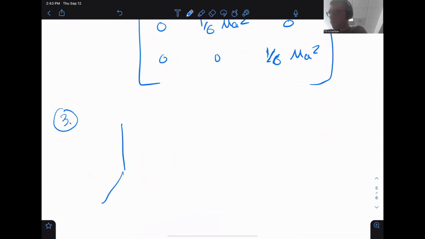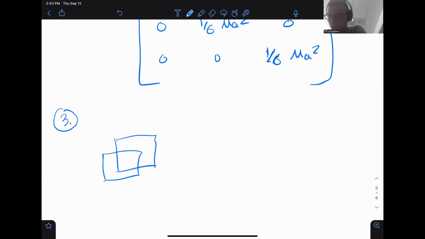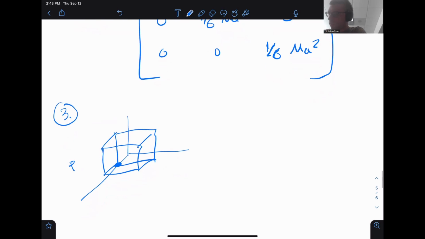So if I just draw this cube with the origin something like that. There's the cube, and the point that we're finding the tensor around now is there in the lower left hand corner at negative a over 2, negative a over 2, negative a over 2.